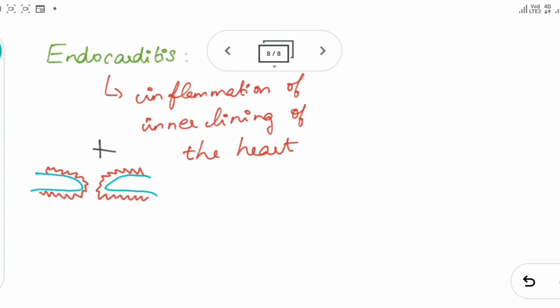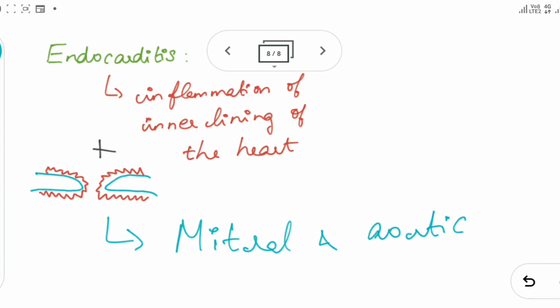The most commonly involved valves are the mitral valve and the aortic valve, among which mitral is the most commonly involved.